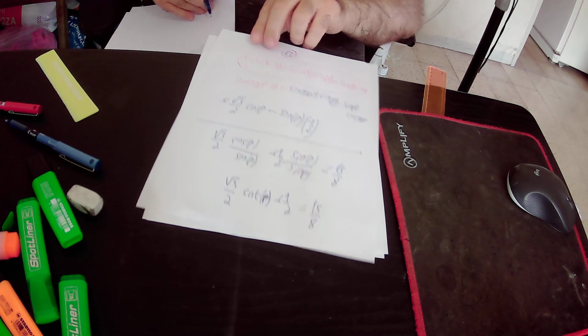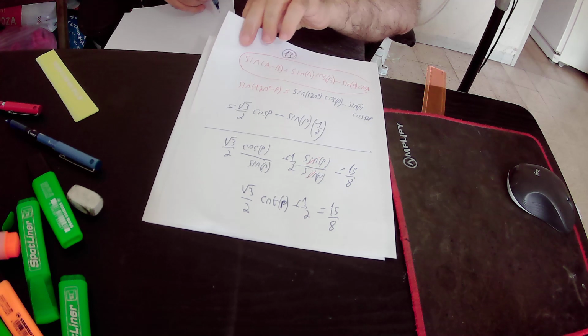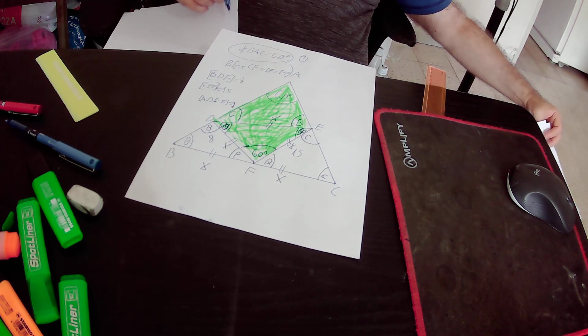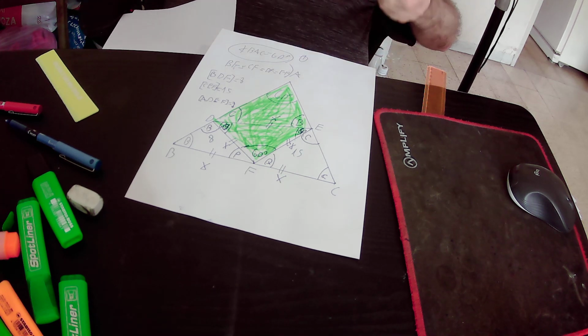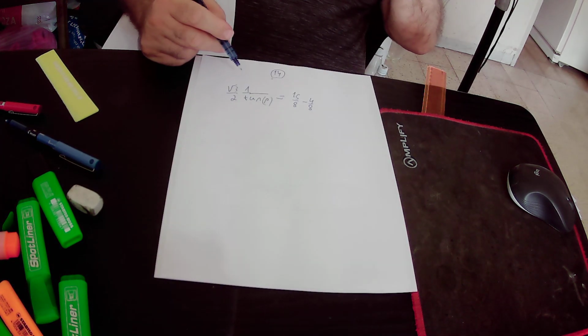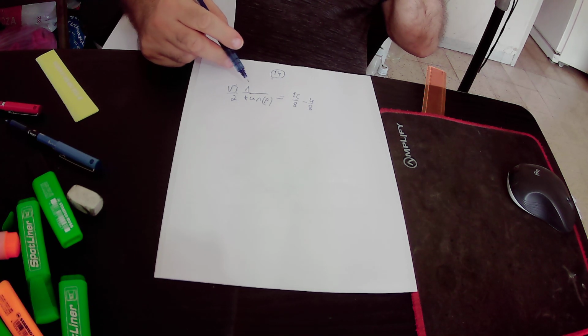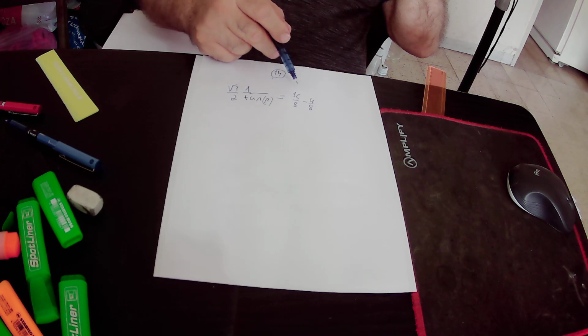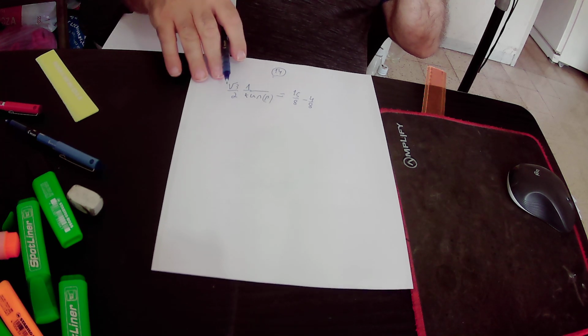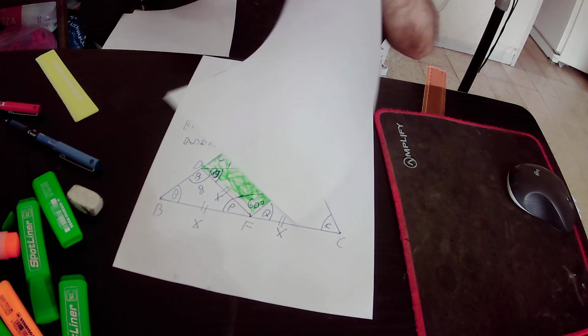So in total we got this equality that root 3 over 2 times tangent p equals to 15 over 8 minus 4 over 8. 15 minus 4 is 11. So I write it down.